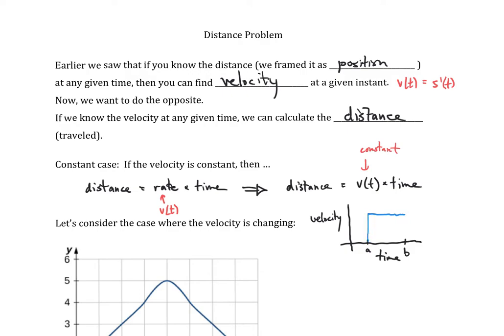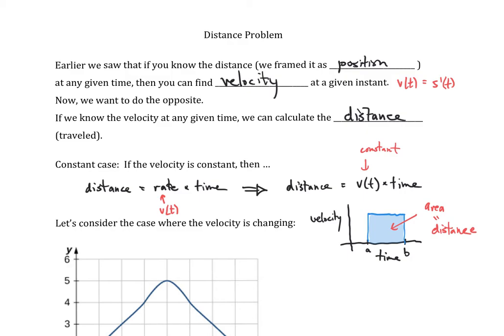So I could draw a rectangle, and then I could color my rectangle in. And after coloring my rectangle in, the area of this rectangle would be my distance. So this area is equal to the distance. I hope you could see where we're going with this.